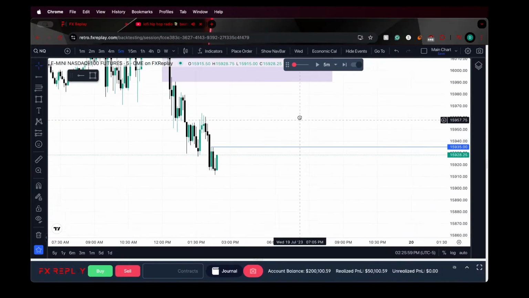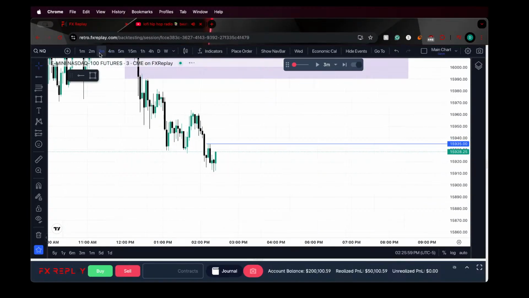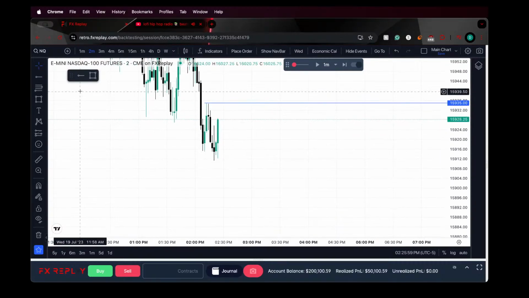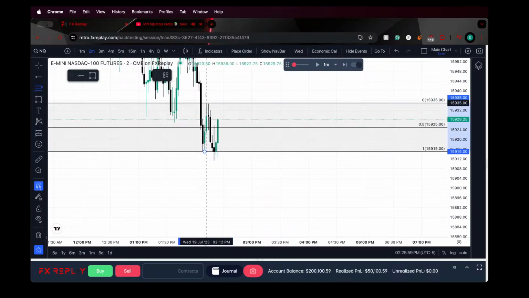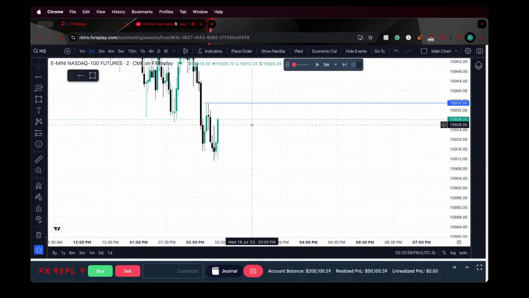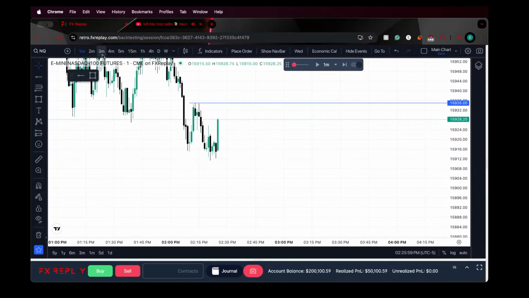We are in a discount. We inverse this 2-minute, closing above the mean threshold, which is good. Very strong close. Fortunately, we swept that.